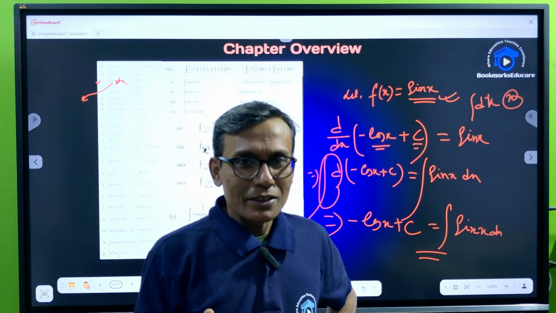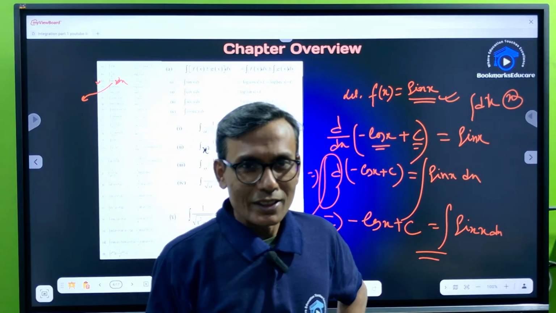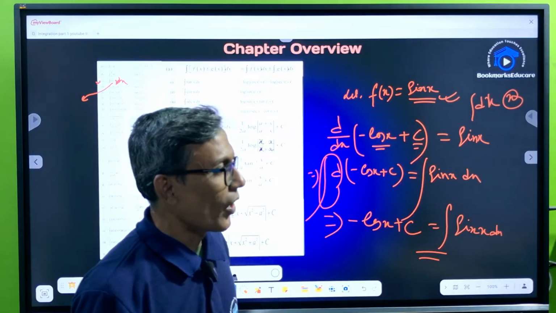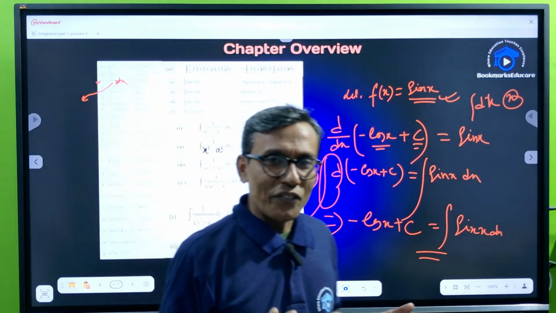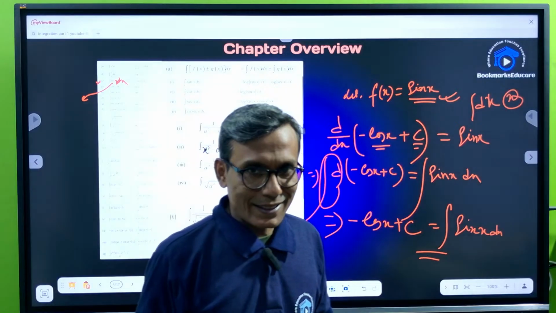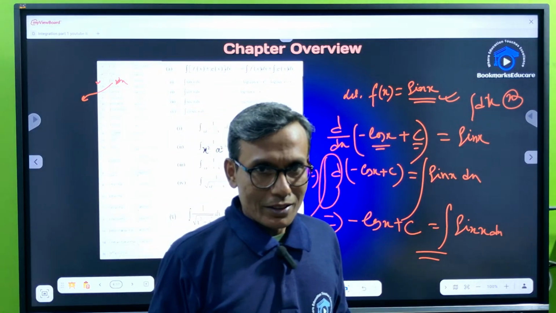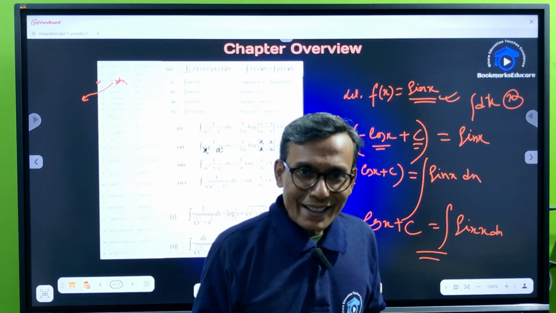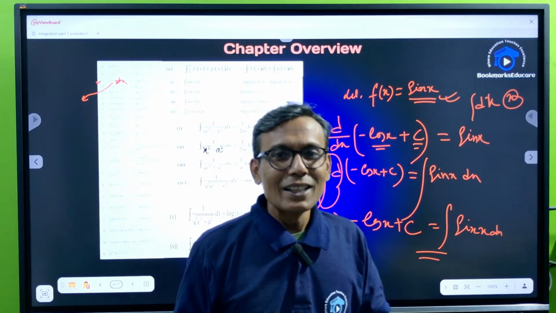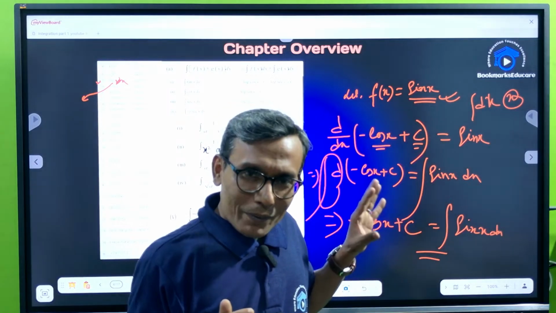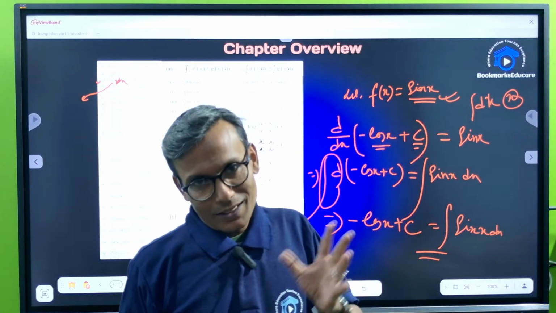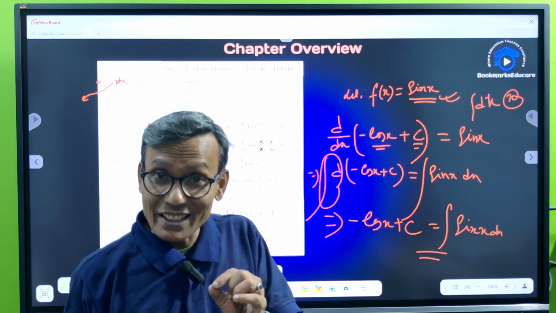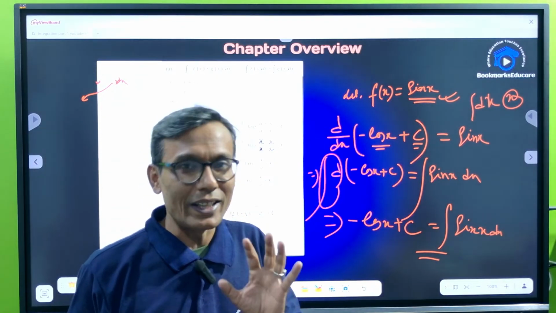Indefinite integration by the method of substitution is the technique for simplifying a complex integral by replacing part of an integrand with a new variable.